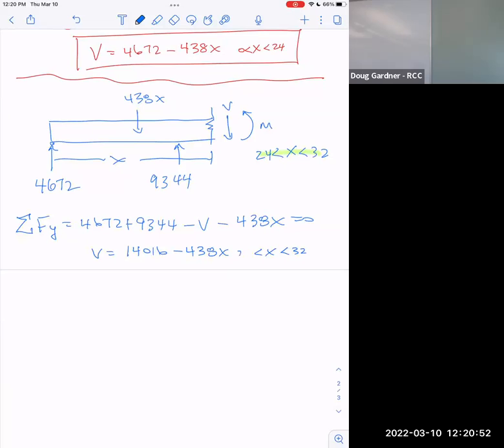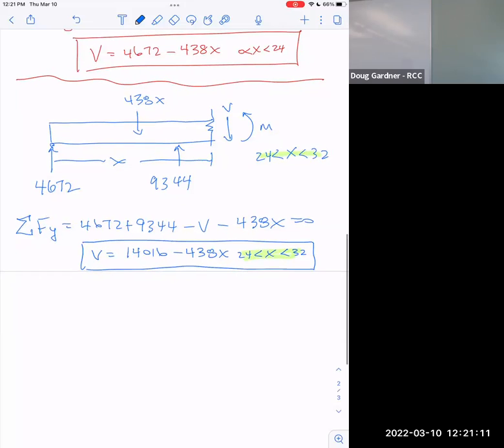By the way, what is different about the equation? Aren't they both lines? But what's different about them? The y-intercept. They both have exactly the same slope, do they not? Their slope is negative 438x, but one has a y-intercept of 46.72 and the other has a y-intercept of 14.16. Isn't that kind of interesting? So no, you actually just have to graph them separately.